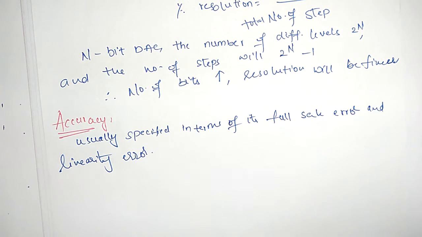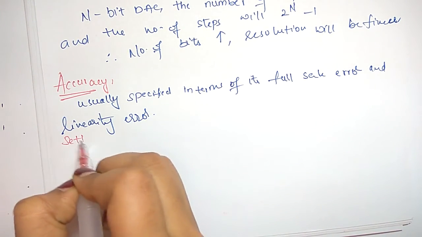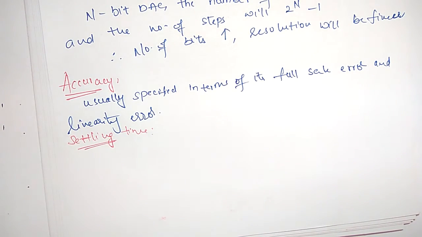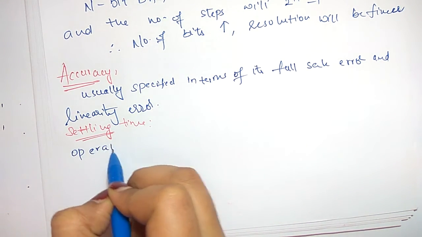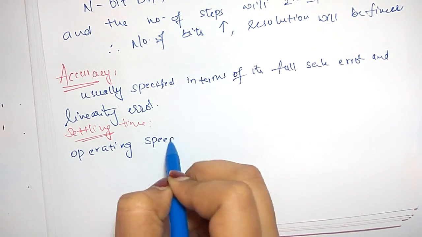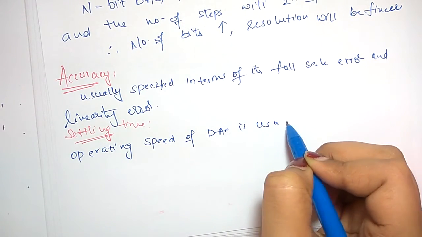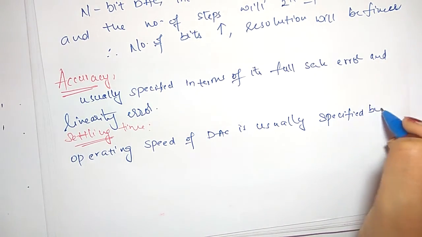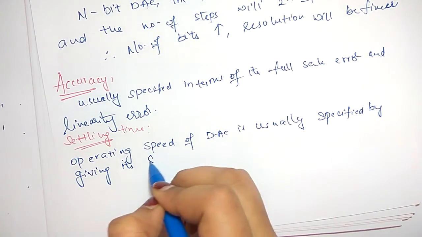And next is settling time. The operating speed of DAC is usually specified by giving its settling time.